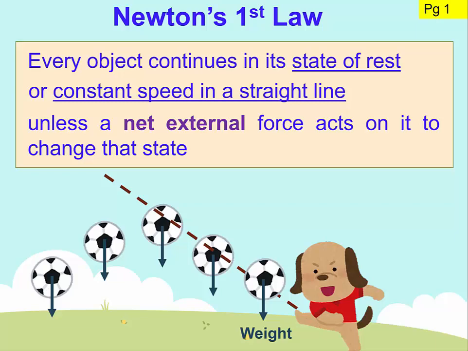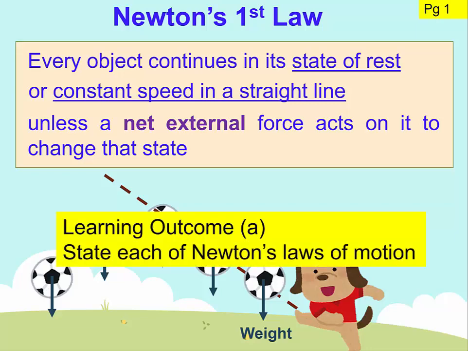So now we can generalize the ball to any object and form this first law. Note that the force needs to be a resultant force or net force, and it must be an external force. You need to memorize this first law and you must be able to state it in exam.